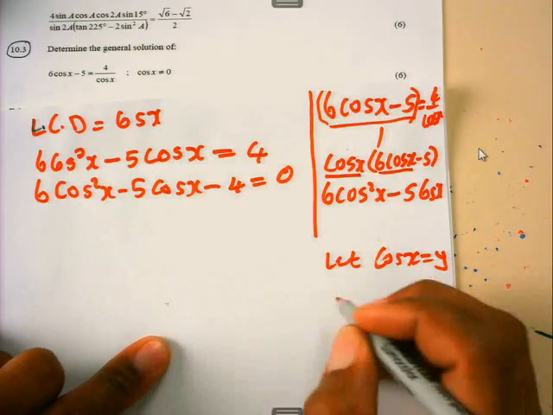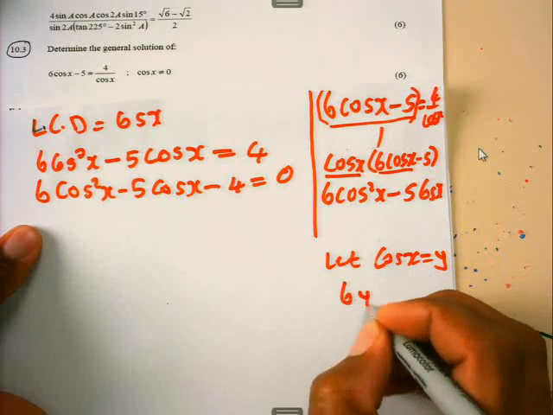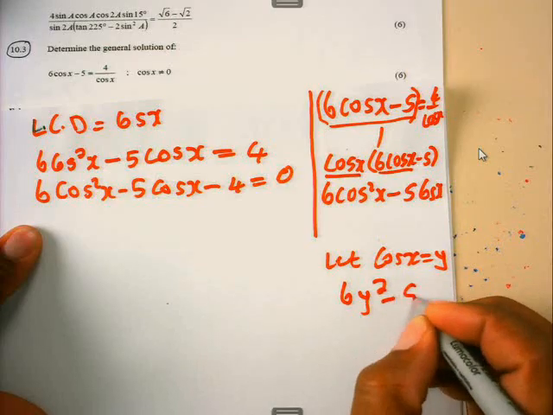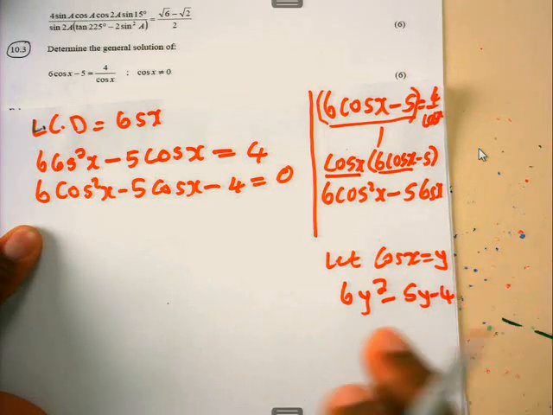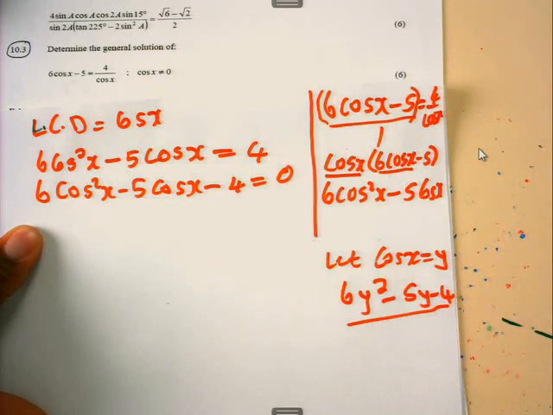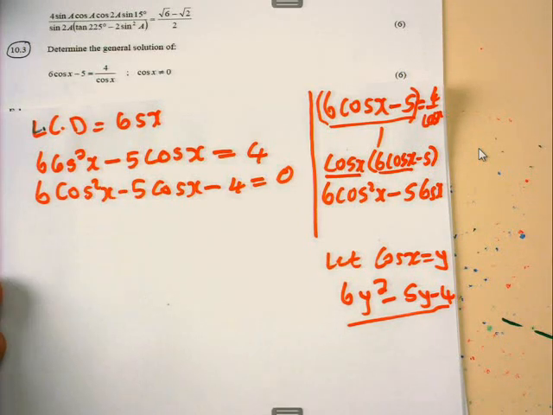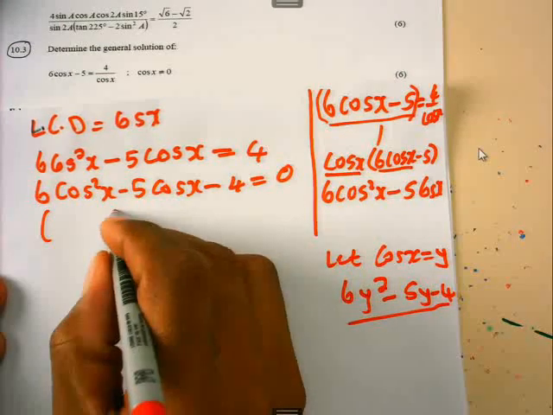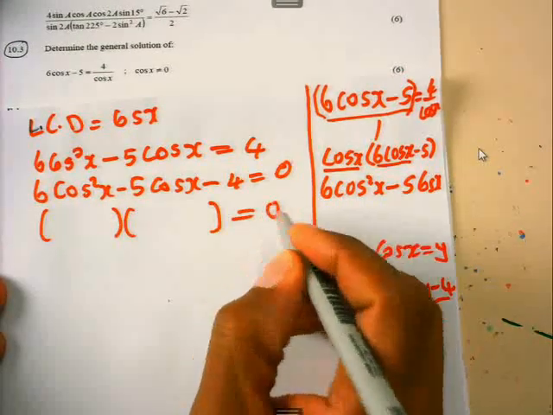Then this one will be 6y squared minus 5y minus 4. At least once it's like this, you'll have the picture of what you must do on these questions. Now, let us try to find factors of this problem.